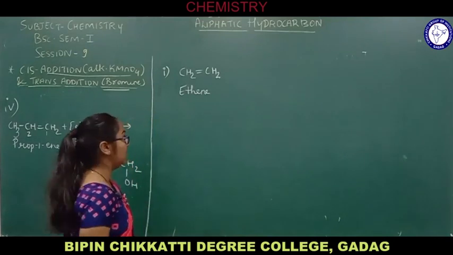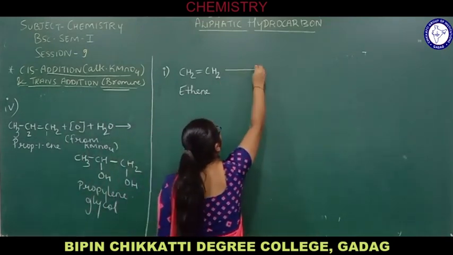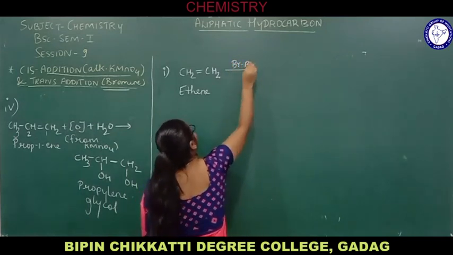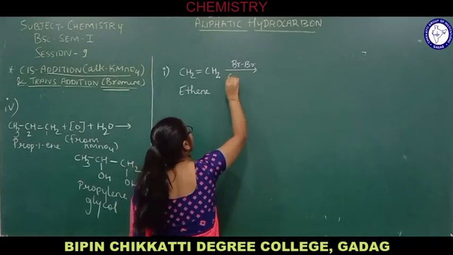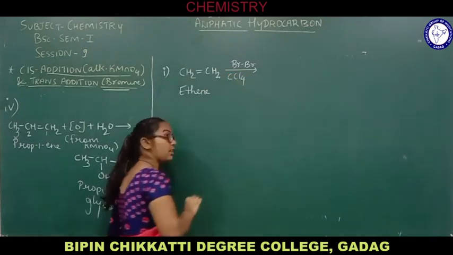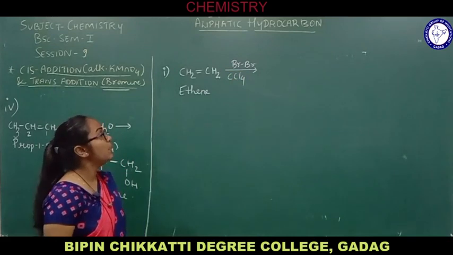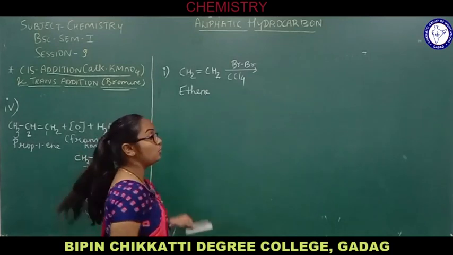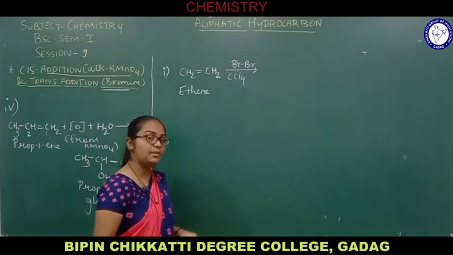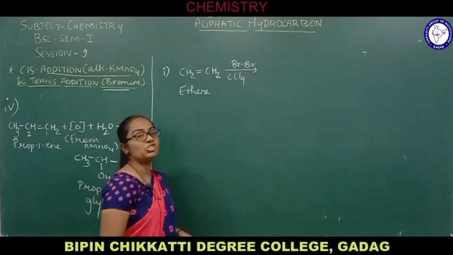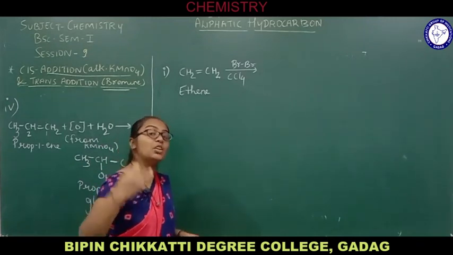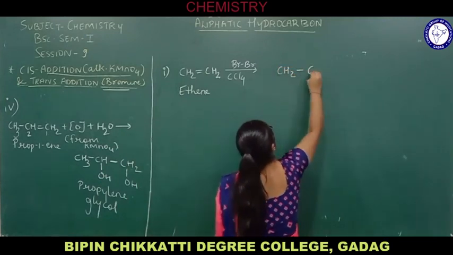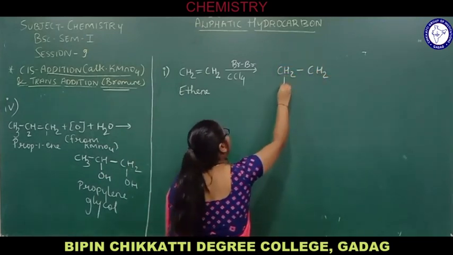Now, when I add to this ethene bromine, Br2, in the presence of a solvent called carbon tetrachloride, the bromine atoms are going to get attached across the carbon-carbon double bond in anti-position, meaning from the opposite sides. You can see they get attached in this manner.